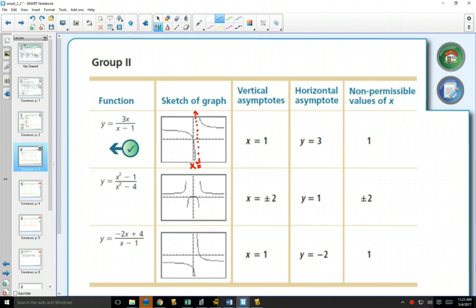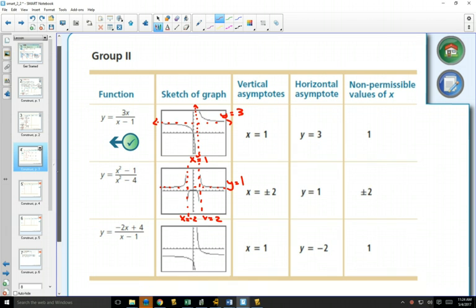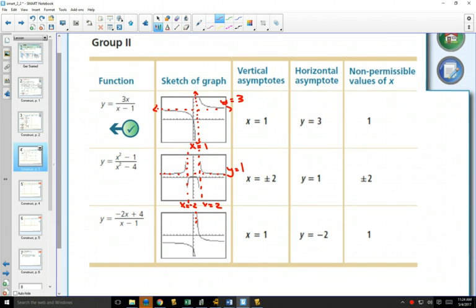So you have a vertical asymptote at x equals 1, and there's a horizontal asymptote, y equals 3, x equals -2, and x equals 2, y equals 1. X equals 1, y equals -2.